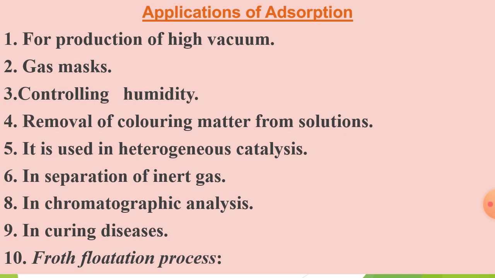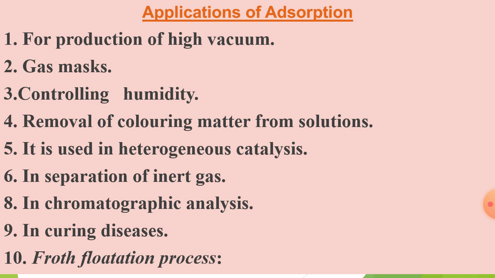Now dear students, fifth application, are you getting this or not? Fifth application, it is used in heterogeneous catalysis. Here one common example, that is the Haber process, has come many times in the chemistry chapters. What happens basically here, when N2 gas reacts with 3H2 gas, these are passed over the iron catalyst.